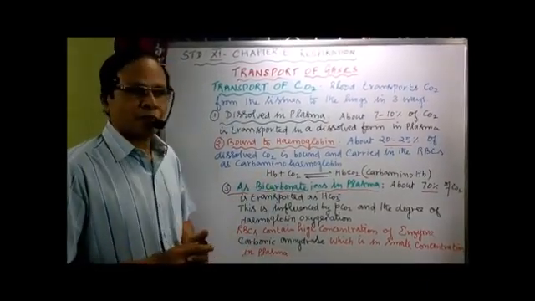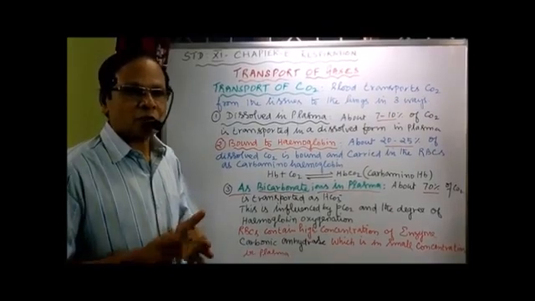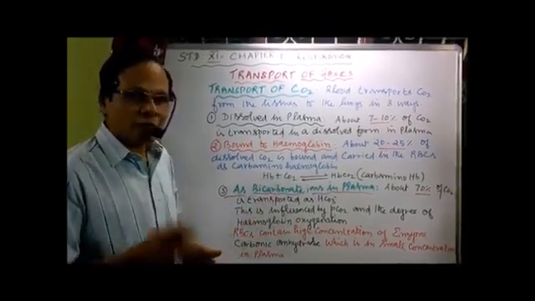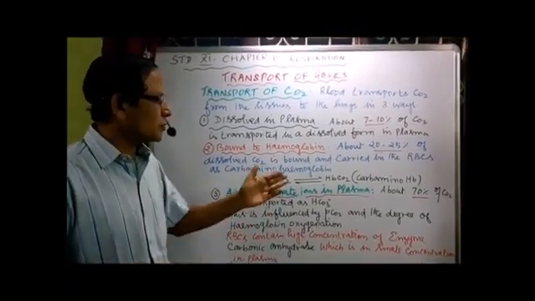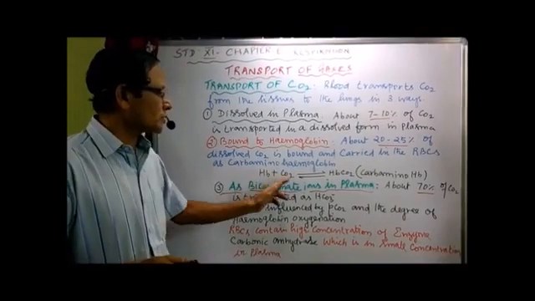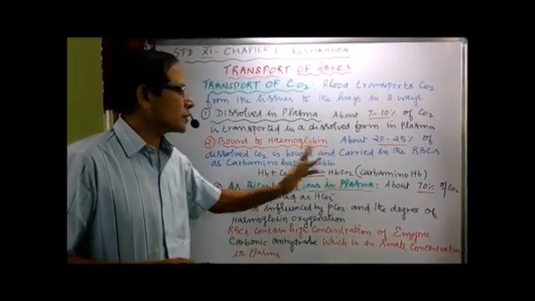Each amino acid has an amino group and a carboxyl group. The carbon dioxide combines with the amino group to form carbaminohemoglobin. Simply, the equation is represented as hemoglobin plus carbon dioxide gives carbaminohemoglobin.